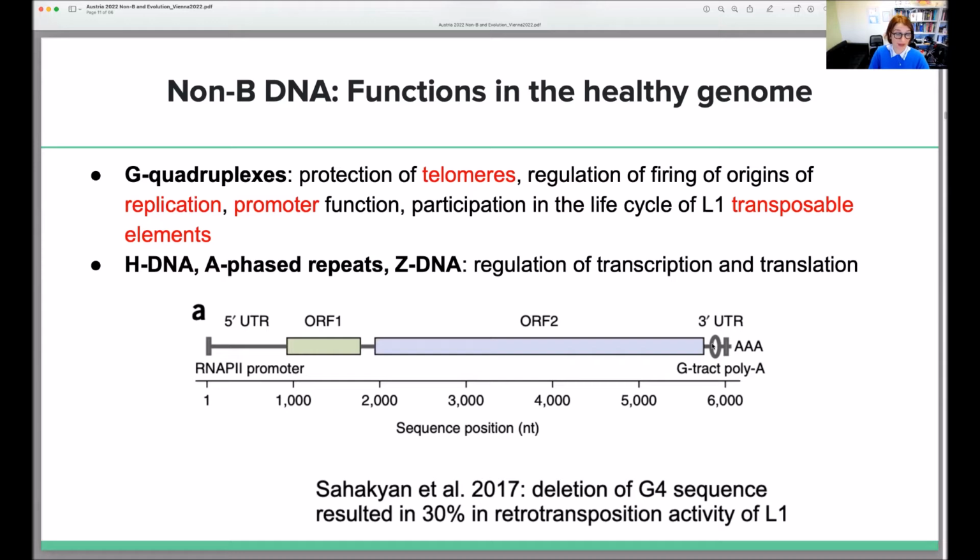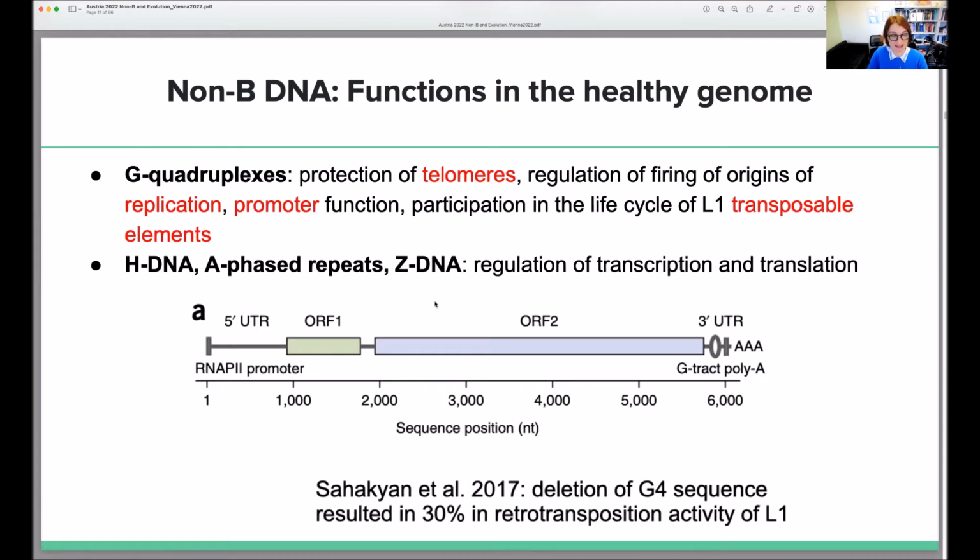And when it was deleted in experiments, the retrotransposition activity of L1s decreased substantially. This suggests that they are important for the retrotransposition activity.